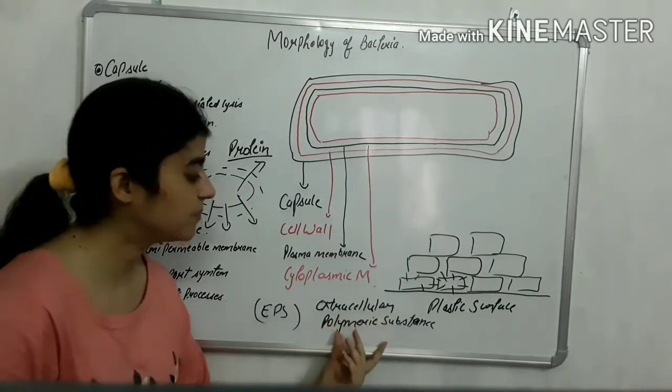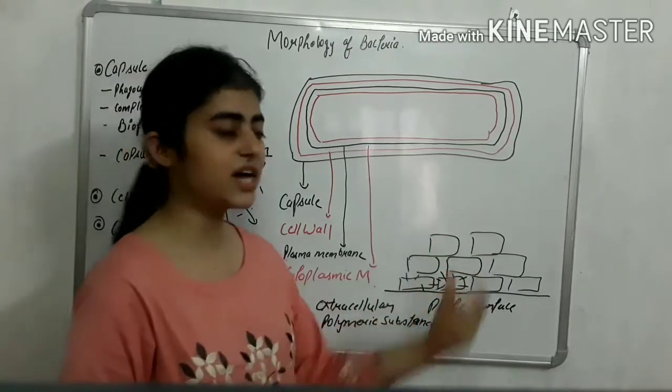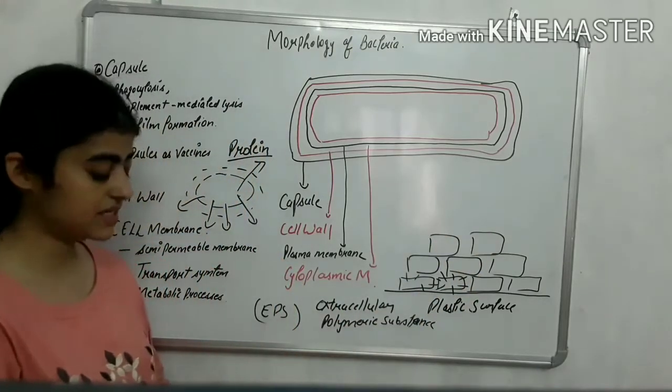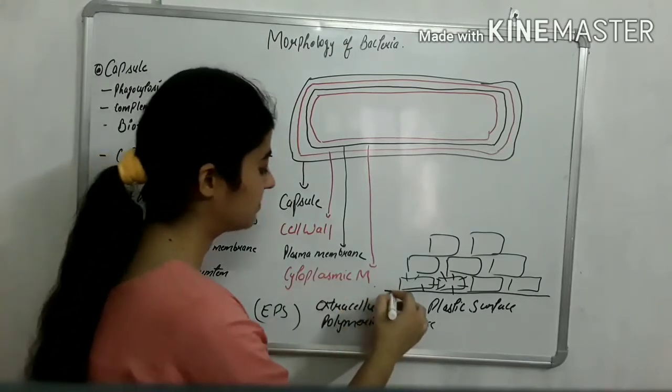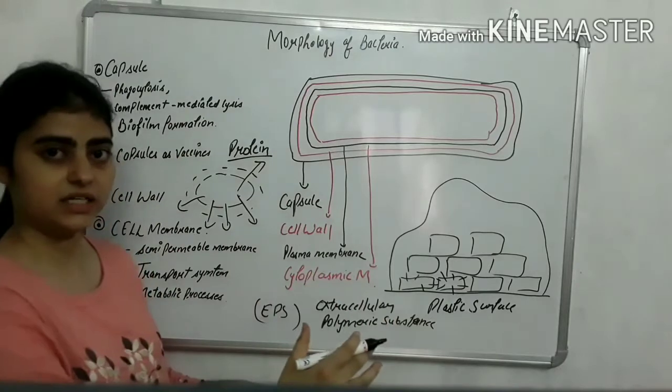This extracellular polymeric substance is called slime layer. It will surround all these millions of bacteria.